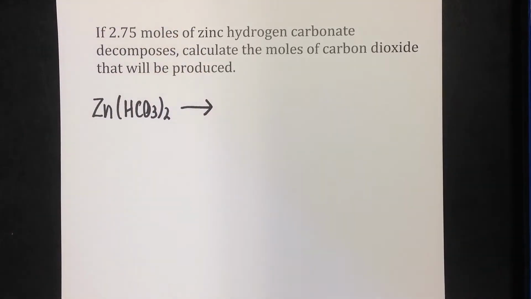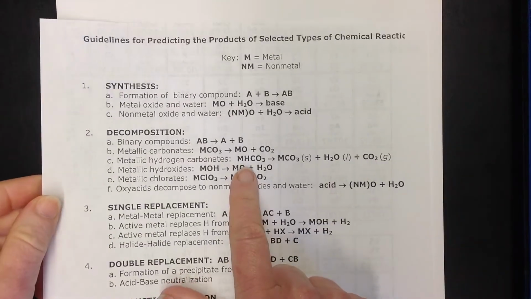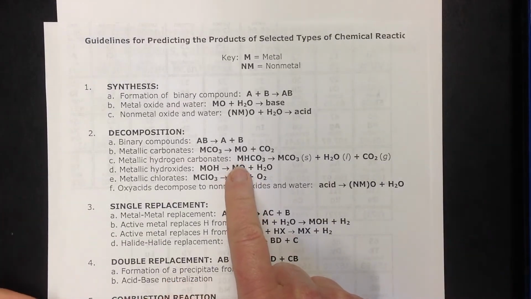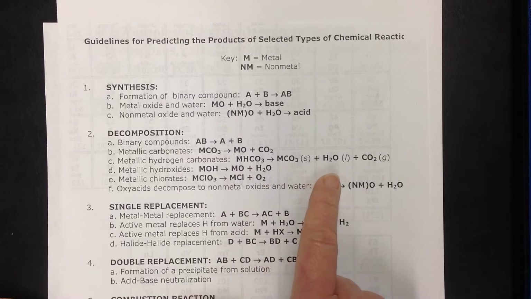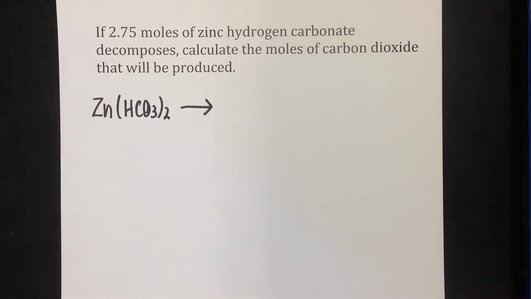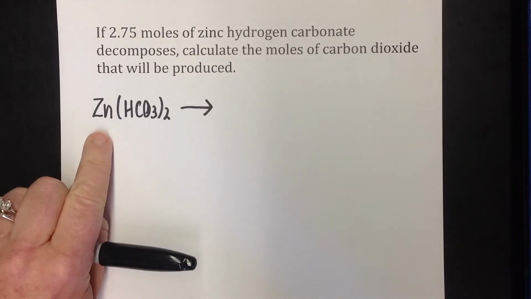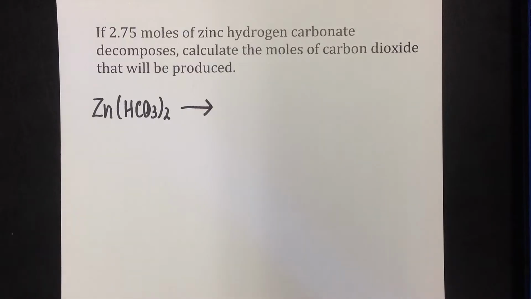And if I look at my reference table packet, I'm going to look at the decomposition of metal hydrogen carbonates. And right here I see when a metal hydrogen carbonate decomposes, I'm going to crisscross that metal with carbonate. I'm going to add water and CO2. So if I crisscross the metal, which is zinc in this case, with carbonate, which is CO3 -2.